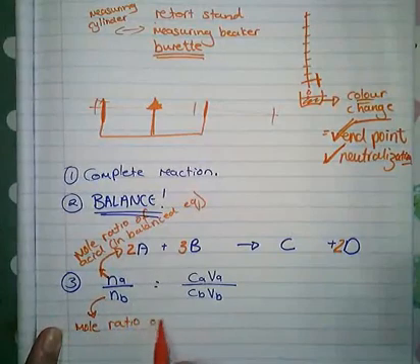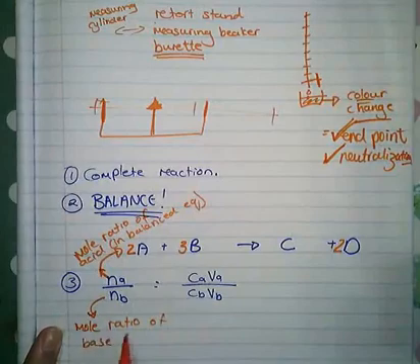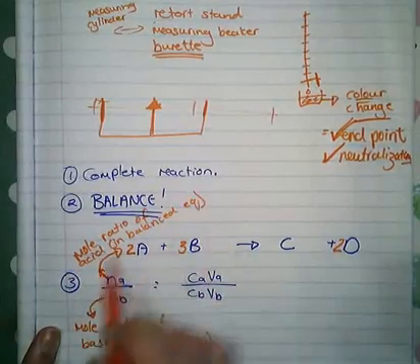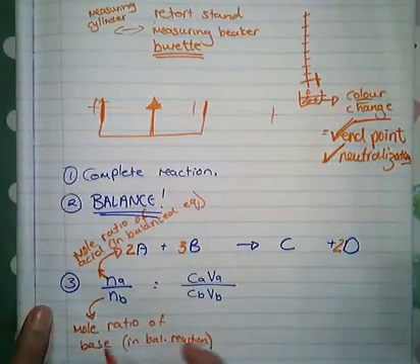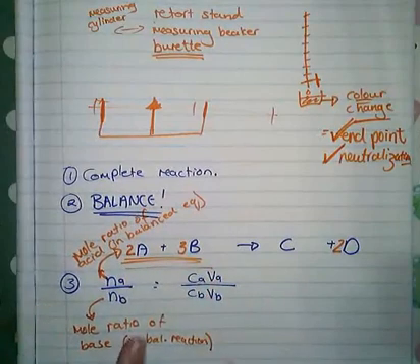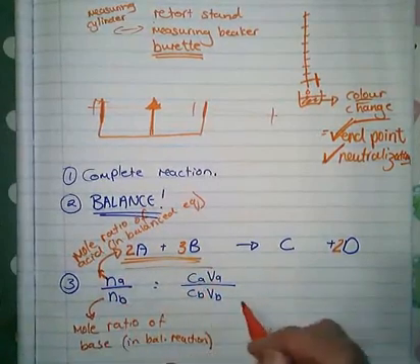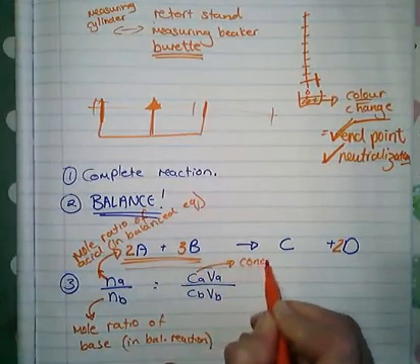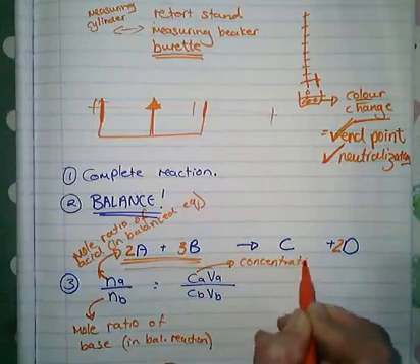Okay, now Ca is the concentration of the acid, and one of the two will be known. Either the concentration of the acid will be known or the concentration of the base will be known. And one of them will be unknown. That's why we're doing this whole calculation. So this is the concentration of the base.